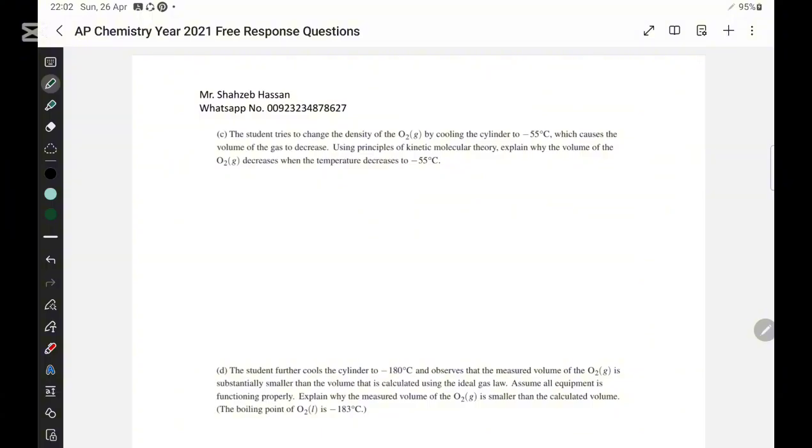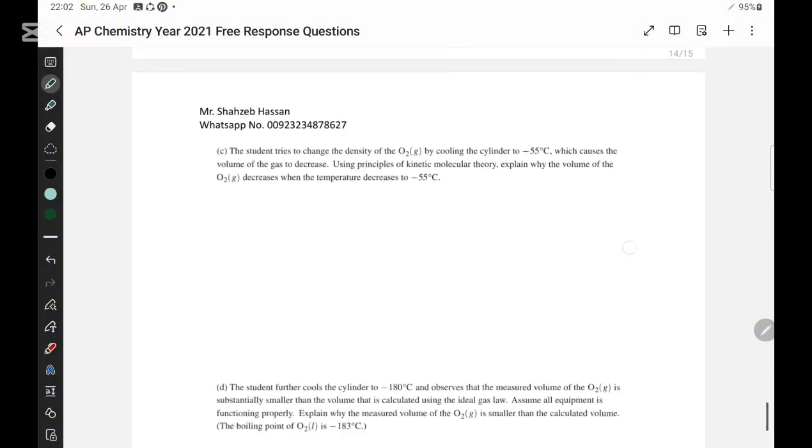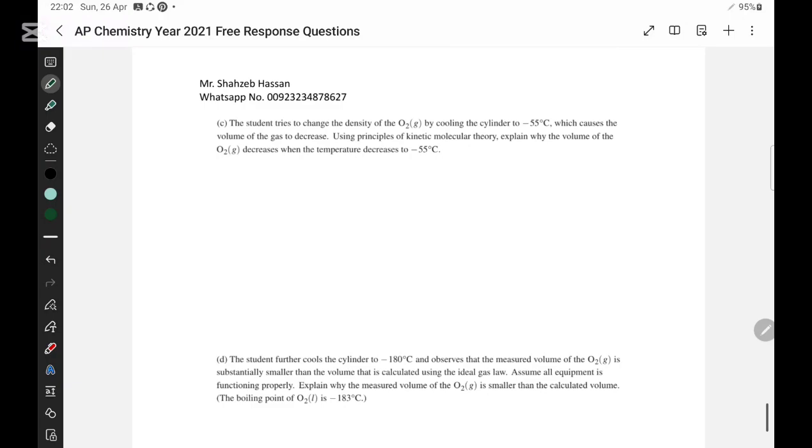As the gas cools, the average kinetic energy of O2 molecules decreases, because kinetic energy is directly proportional to temperature. If temperature decreases, kinetic energy also decreases, and the molecules with less energy, when they collide with each other and with the wall of the container, the spacing between particles decreases and would cause the volume occupied by the gas to decrease as well.